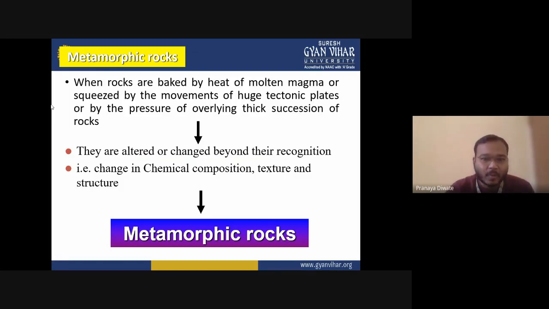Why are the rocks baked? Baked means when you give heat to the rock, the rock is baked.